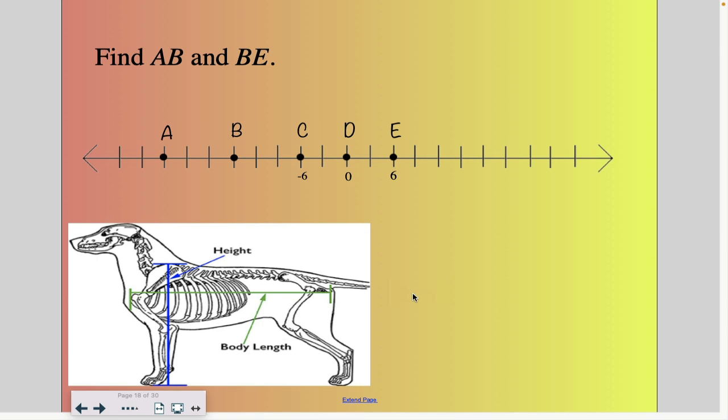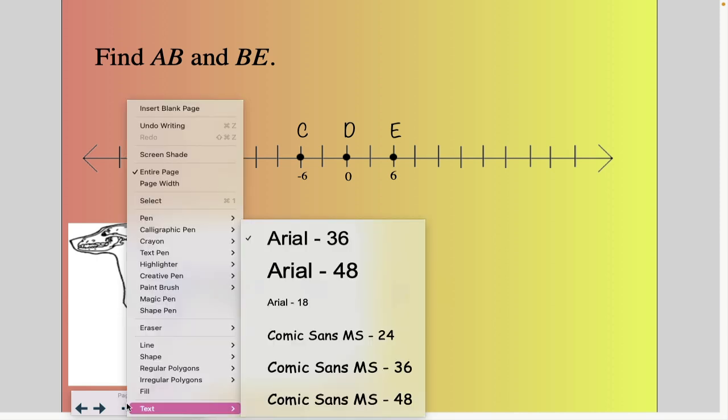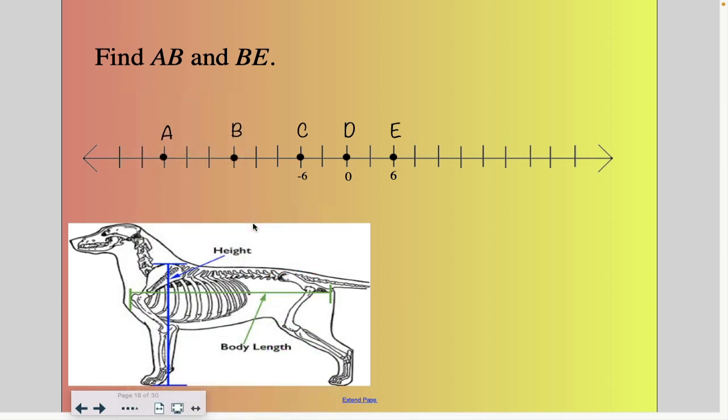So if I wanted to find, I don't know, do you like my line segments of the dog? If I did this to you and you had to find the length, notice the italicized nature of AB and BE, you might say, wait a minute, am I just finding this distance like I'm in 4th grade?